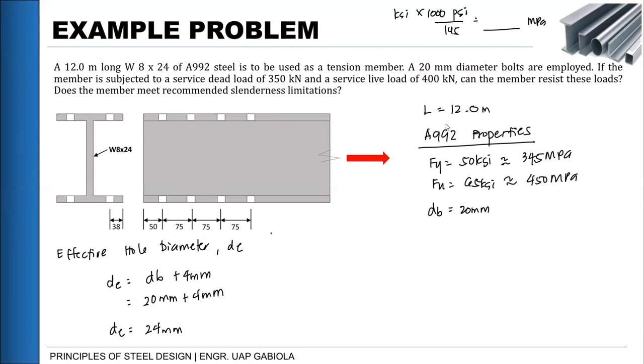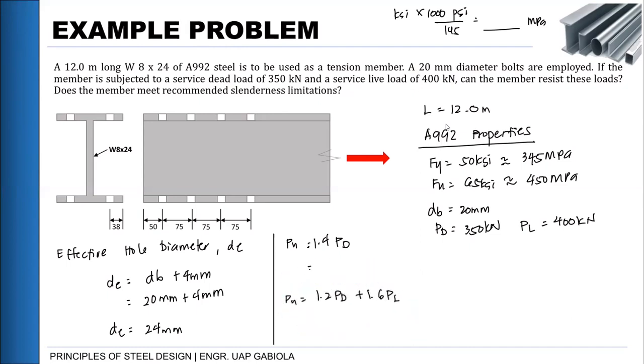Okay, so using our load combination for LRFD, we have Pu is equal to 1.4 PD. Okay, and Pu is equal to 1.2 PD plus 1.6 PL. So what is PD and PL? So PD is 350 kilonewton and PL is 400 kilonewton. So let's substitute.